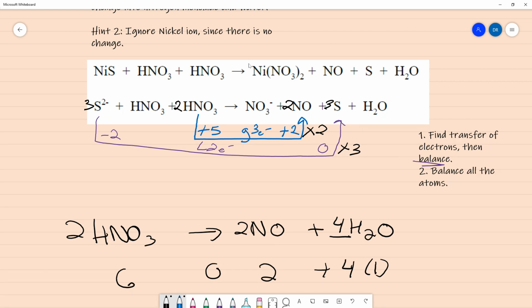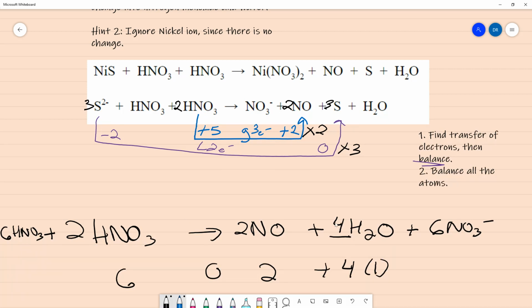I already have 2 of them. So I'm going to add 6 more nitrates, or the nitric acids. But then on the other side, I have to add my nitrates. So I need 6 NO3 minuses. And that's okay because it's right here. So when we combined, we'll be able to add that into our nickel nitrate.